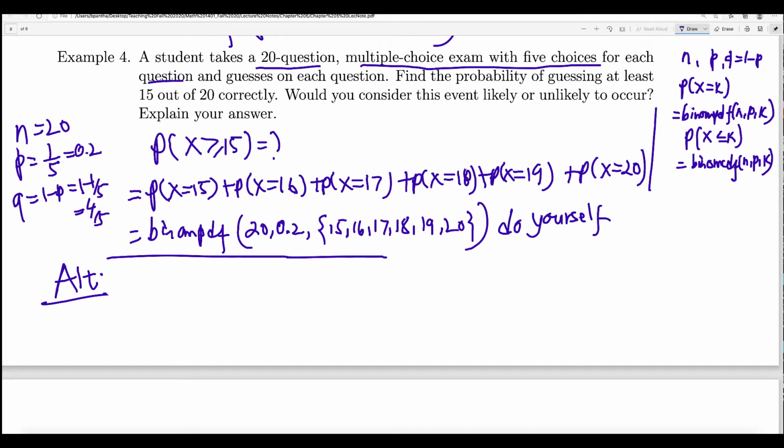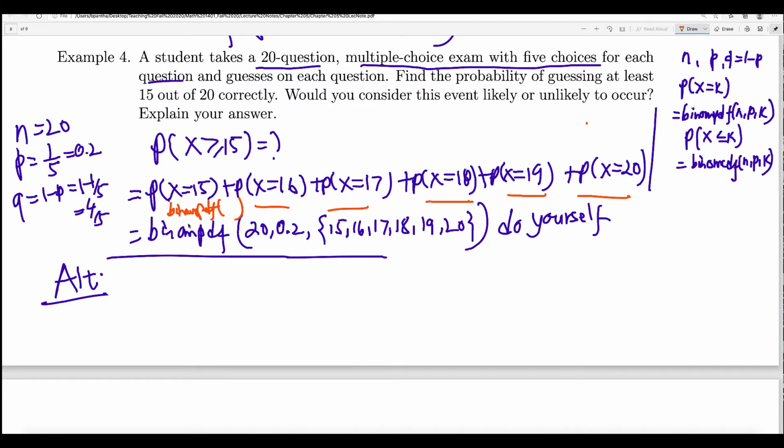Now, if you want to use the third method, this is the first method, this is the second method, right? You use binomial PDF for each of those, with n and p the same in all of them, and k equal to 15, 16, 17, like that. This is another method.